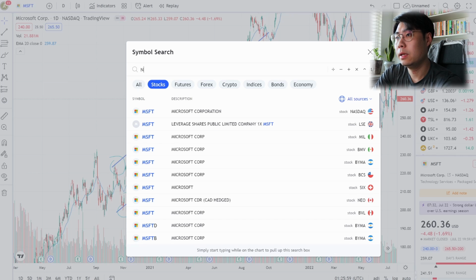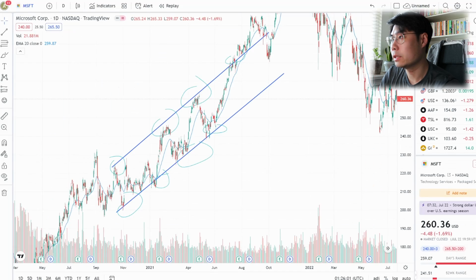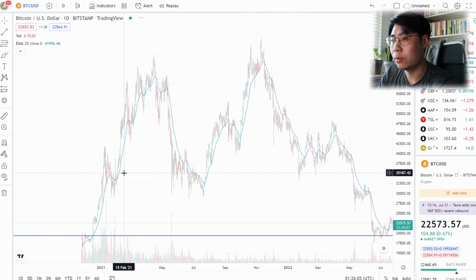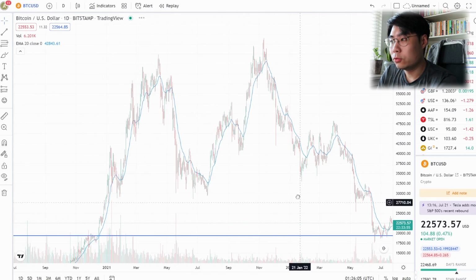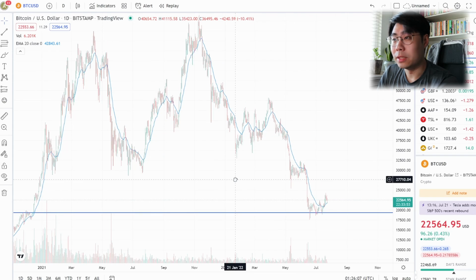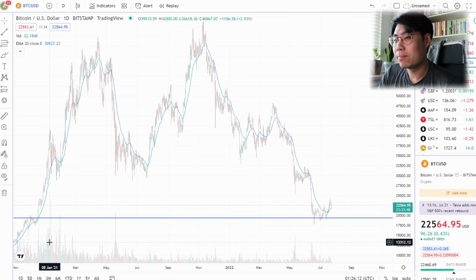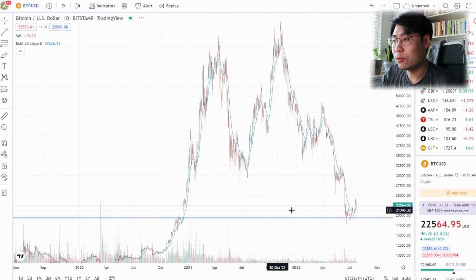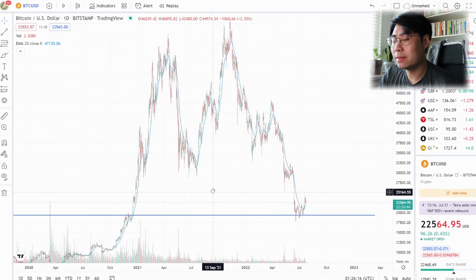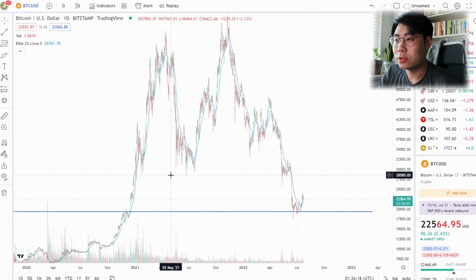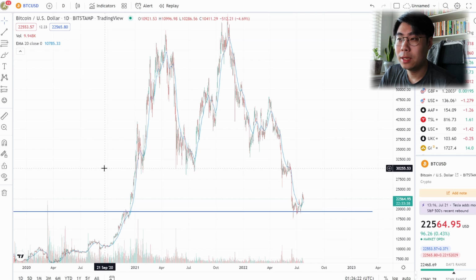I want to show another example. Let's go to Bitcoin. Of course, we all know that Bitcoin has been dropping quite a lot in the past few months. However, we can use Bitcoin as a pretty good example and see what some of the major resistances and supports are.